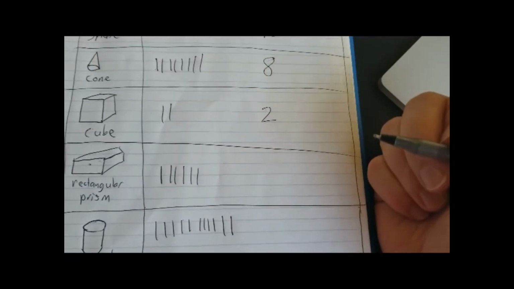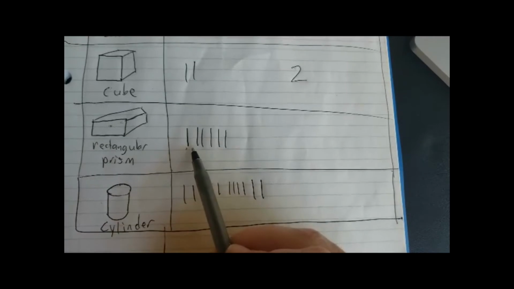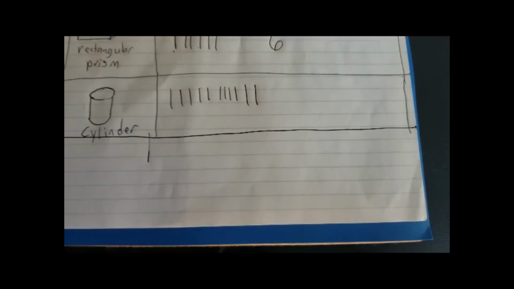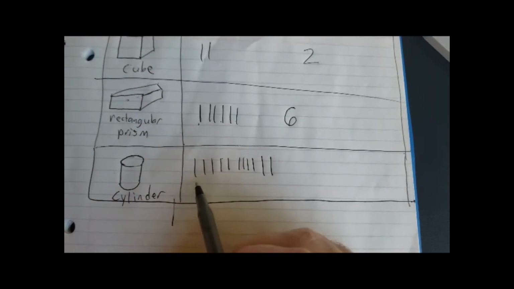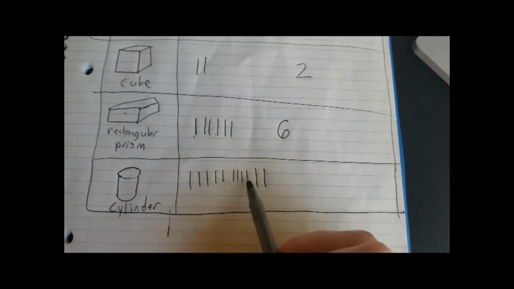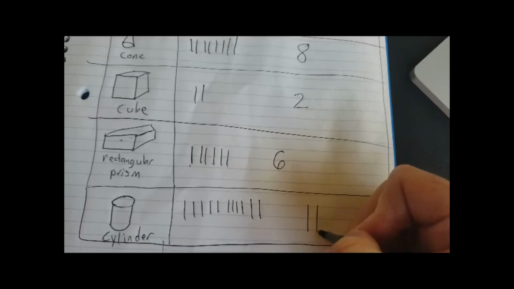I thought the ice cubes were going to be cubes, but they were actually rectangular prisms. I found 6 rectangular prisms in my pantry, all those food boxes. In all those cans in my pantry, I found 11, friends.